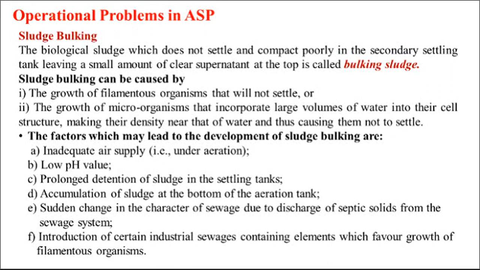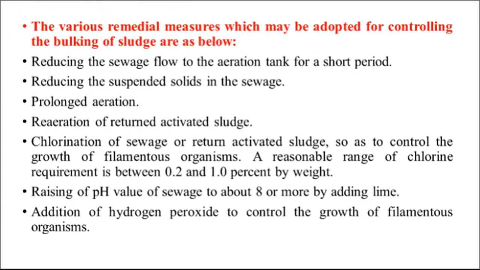And the last factor is the introduction of certain industrial sewage containing elements which favor the growth of filamentous microorganisms. So due to all these reasons, there may be chances of sludge bulking. Then there is a necessity to remove this particular problem. The various remedial measures which may be adopted for controlling the bulking of sludge are as below.